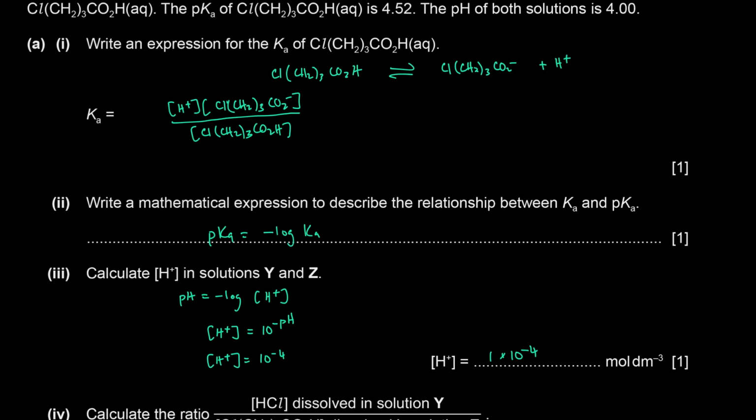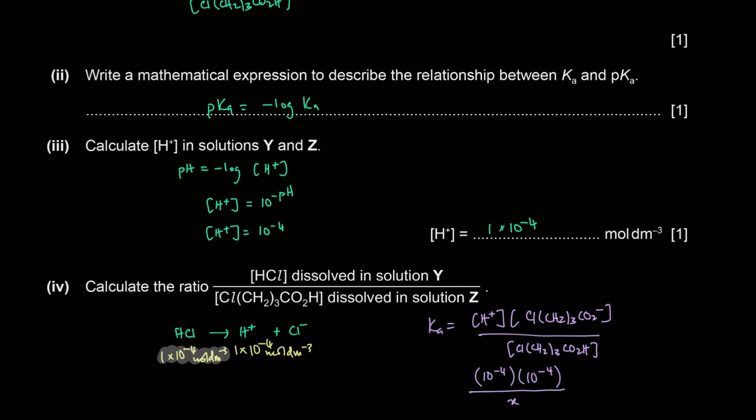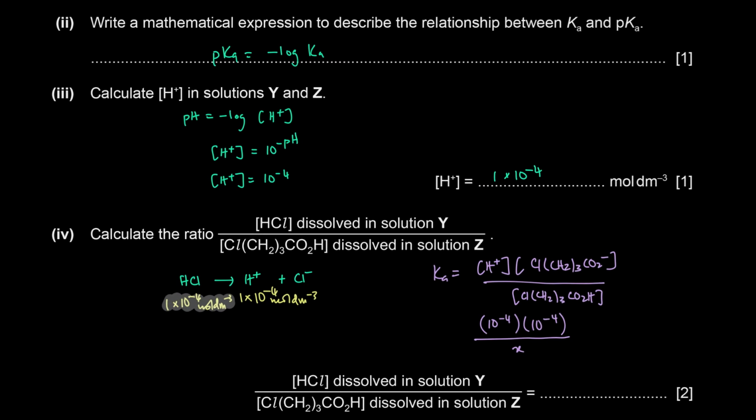And this is simply equal to the Ka. Now they've given us the pKa for this acid. They've said the pKa is 4.52. So therefore the Ka is equal to 10 to the power of negative 4.52. That's 10 to the power of negative pKa.